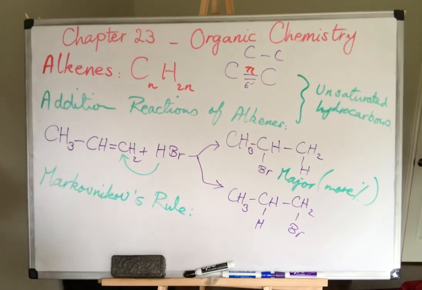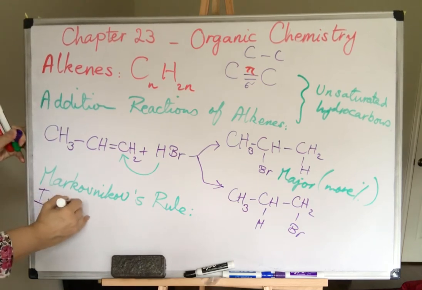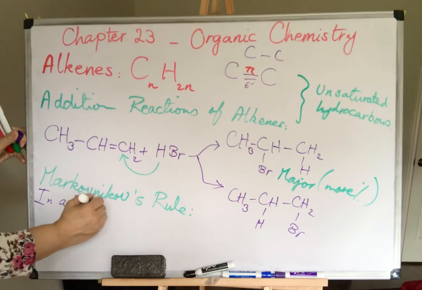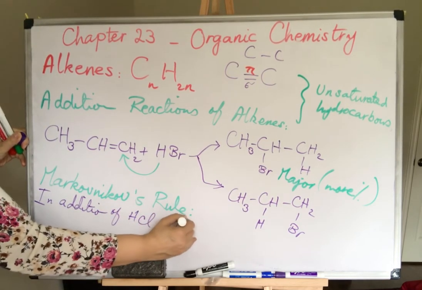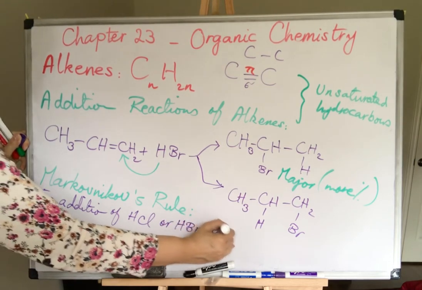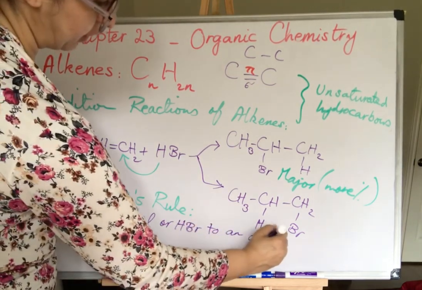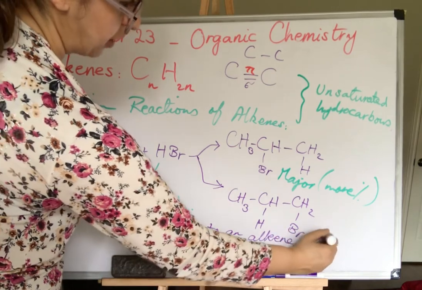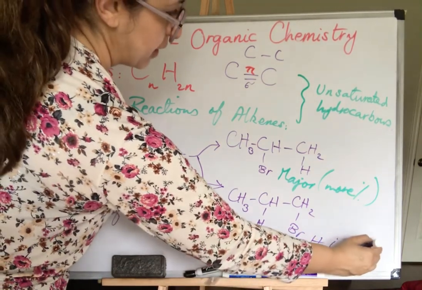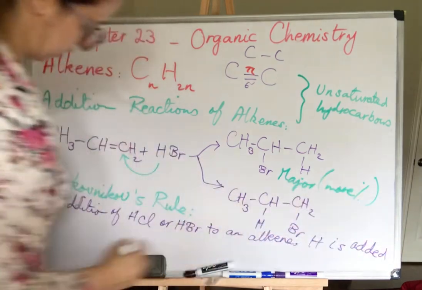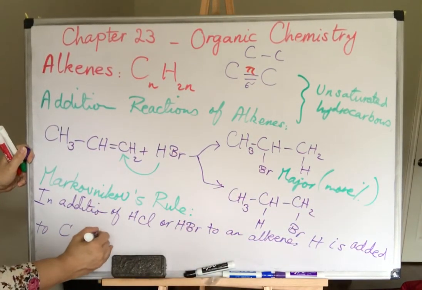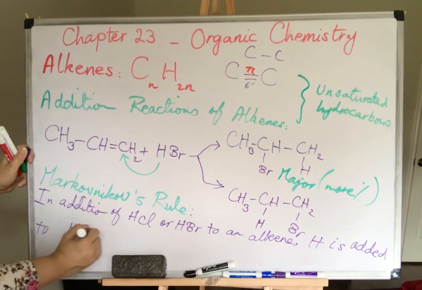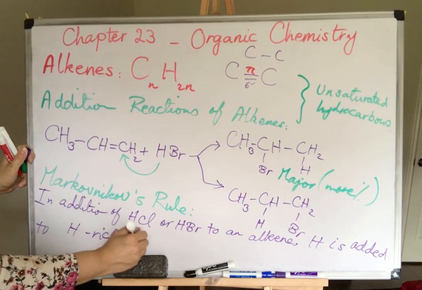In addition of hydrogen chloride or hydrogen bromide to an alkene, hydrogen is added to the hydrogen-rich carbon.